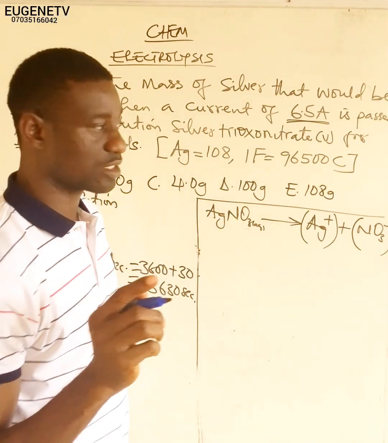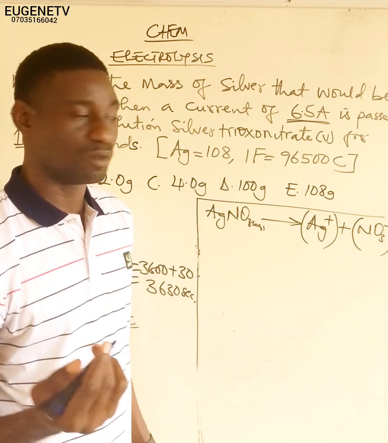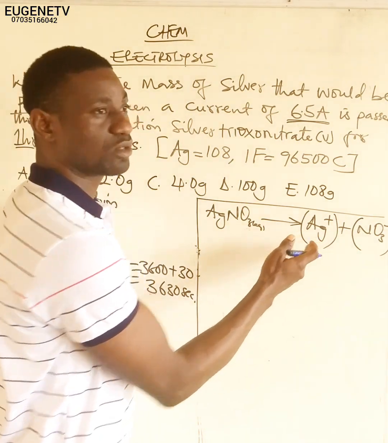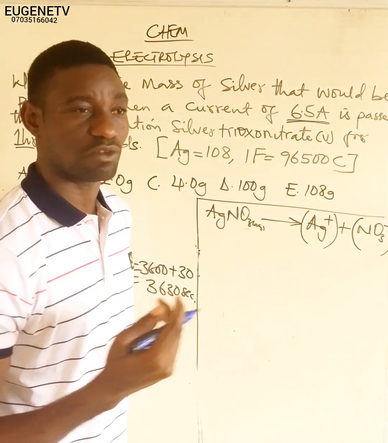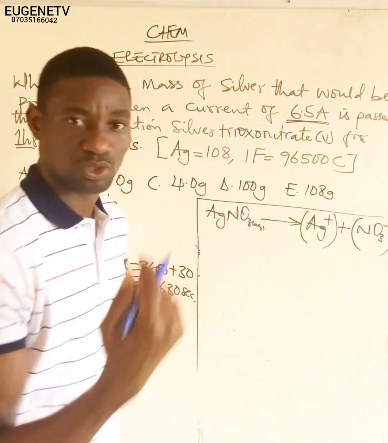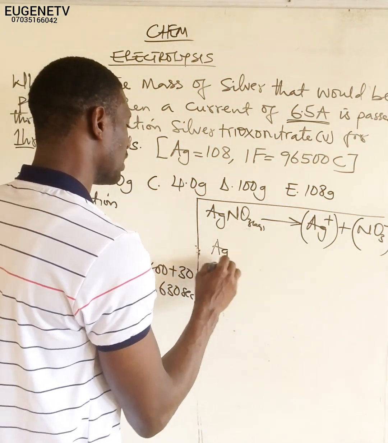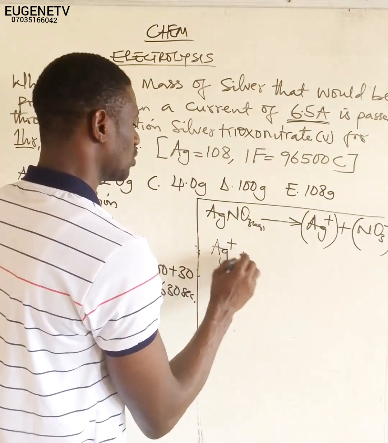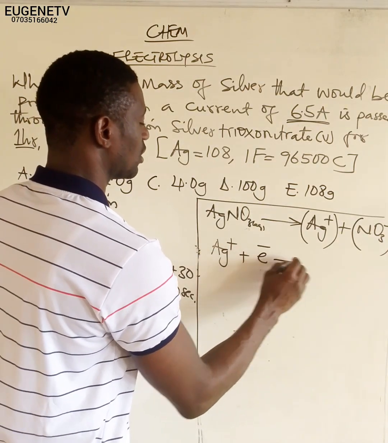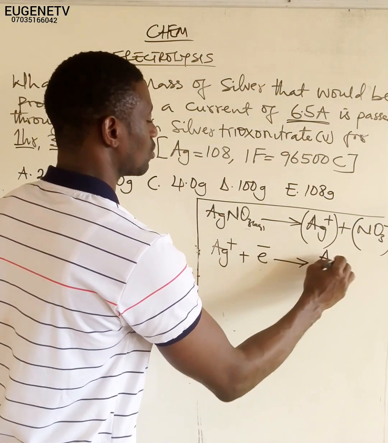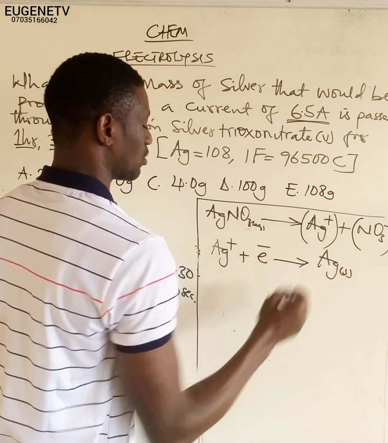Usually, in an electrolytic field, the cations will migrate to the cathode, which is negatively charged. And whenever the cations go there, they go there to gain or accept electrons. So the silver ion will migrate to the cathode and accept an electron so that it becomes reduced to a neutral silver atom.